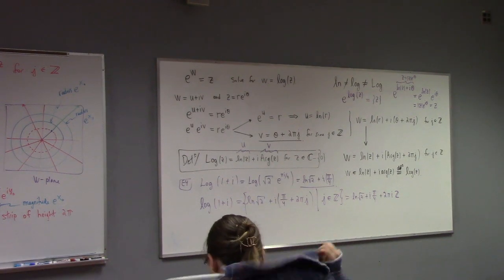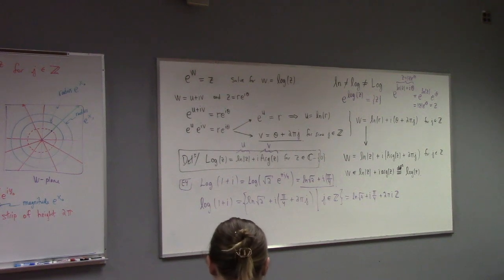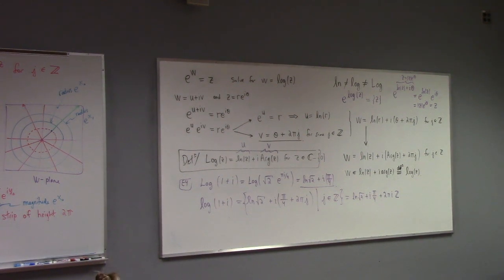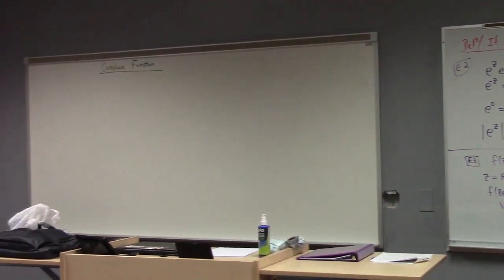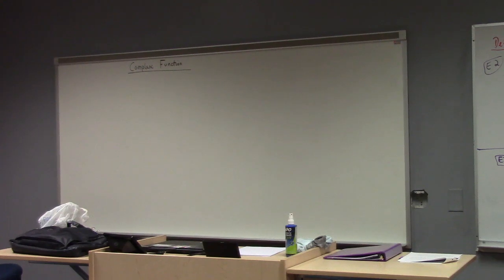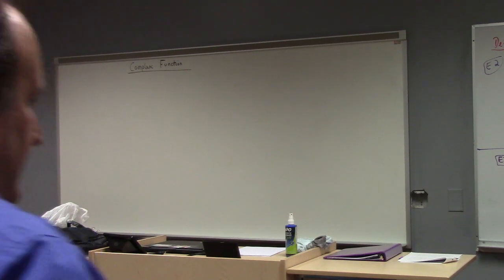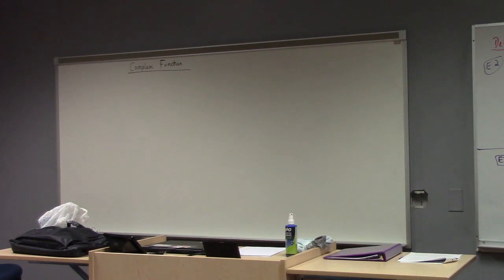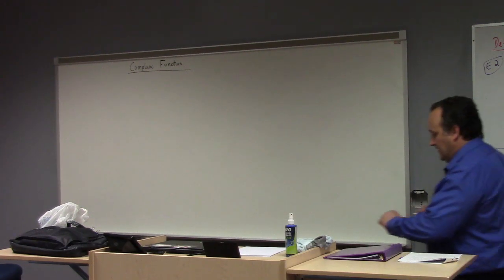So try this out. On your paper, write e to the I theta equals cosine plus I sine, and write e to the minus I theta equals, what it equals. Let's see what we get.